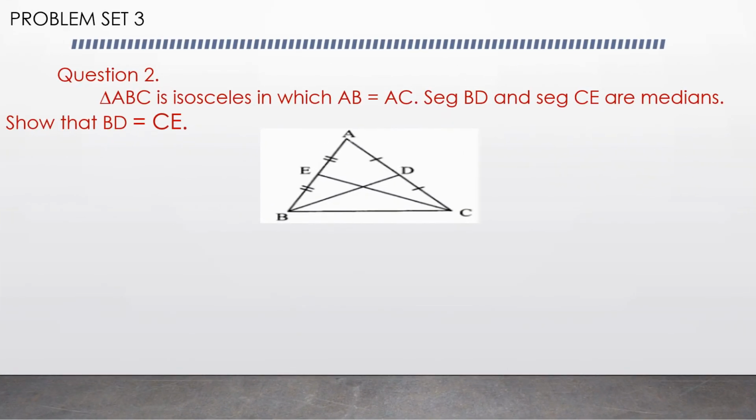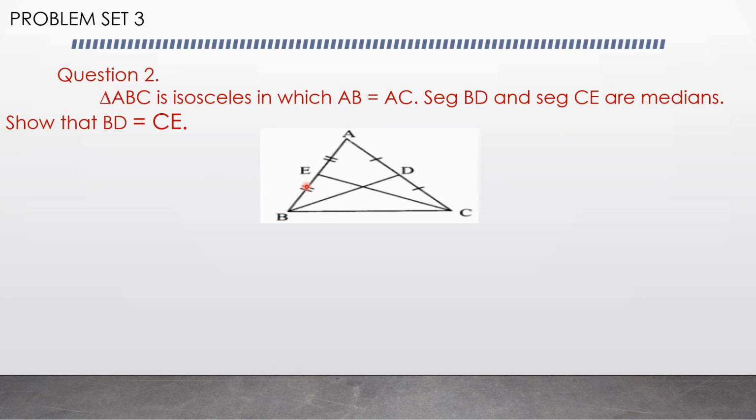Question number 2. Triangle ABC is isosceles in which AB is equal to AC and segment BD and segment CE are medians. Show that BD is equal to CE. In this triangle, BD and CE are the medians.